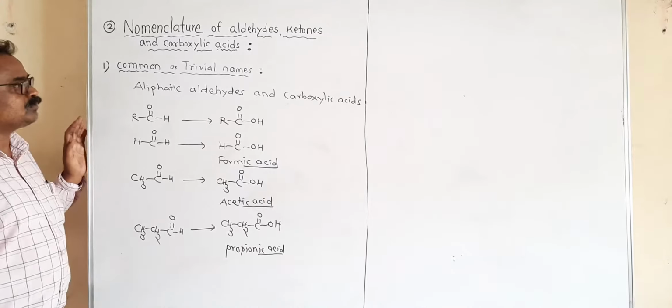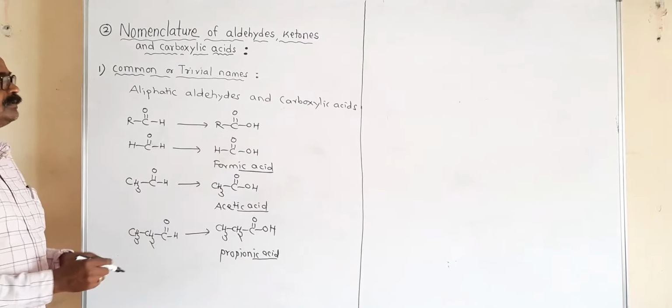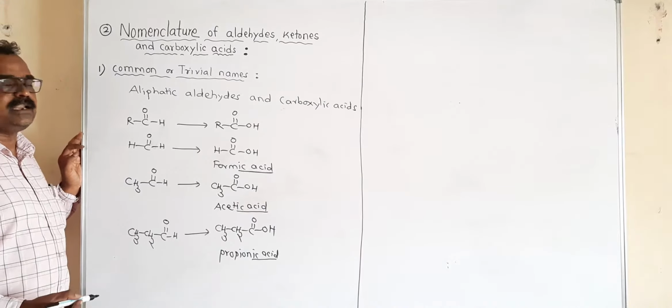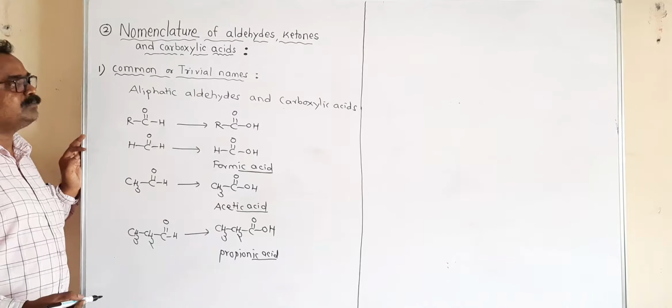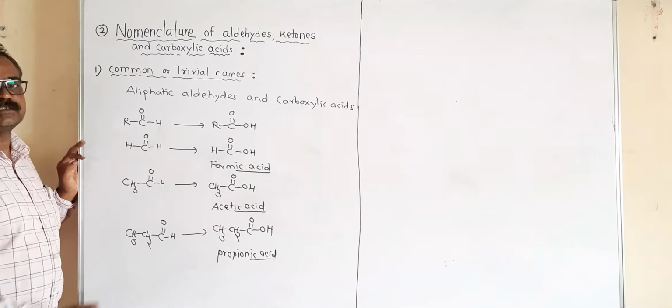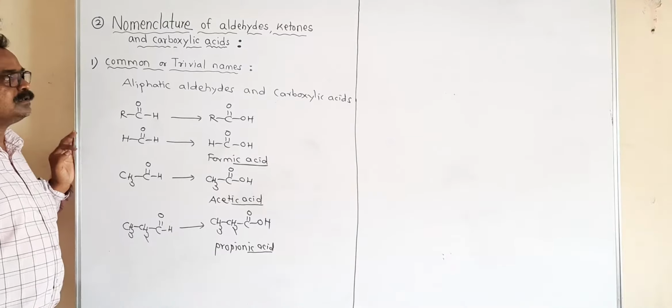The common names of aliphatic aldehydes are written by considering the common names of carboxylic acids. Carboxylic acid is the oxidation product of aldehyde.